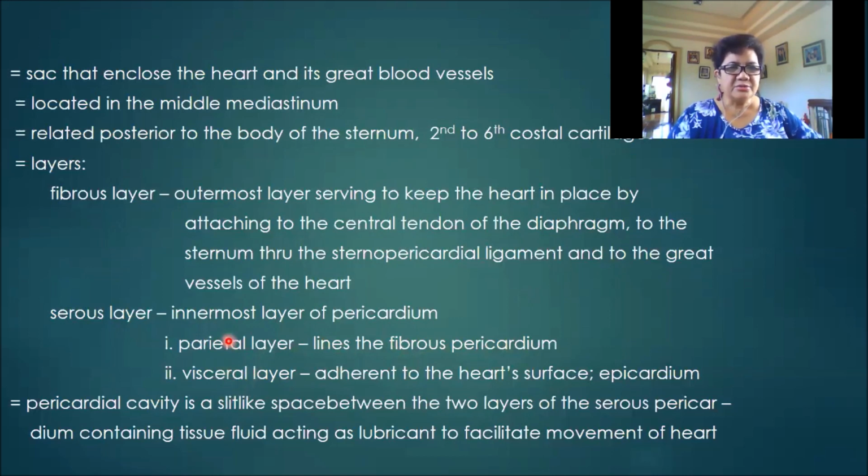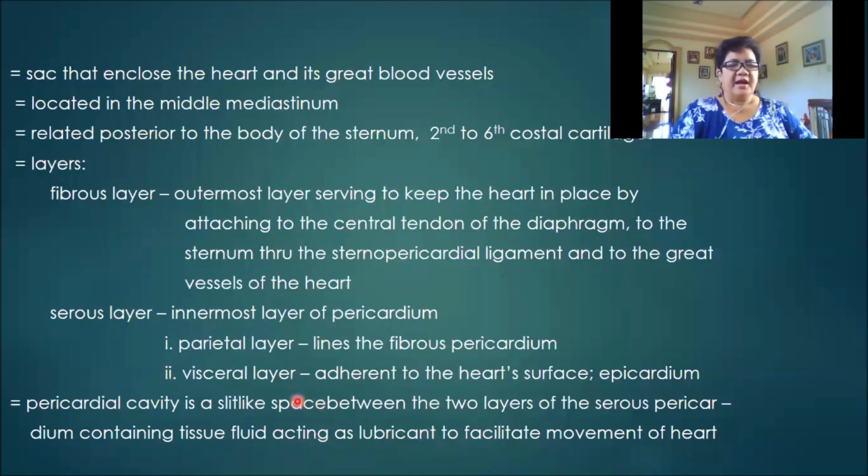Now, between these two layers, the parietal and the visceral layer, is a cavity. This is just a slit-like space between the two layers of the serous pericardium containing tissue fluid acting as lubricant to facilitate the movement of the heart.